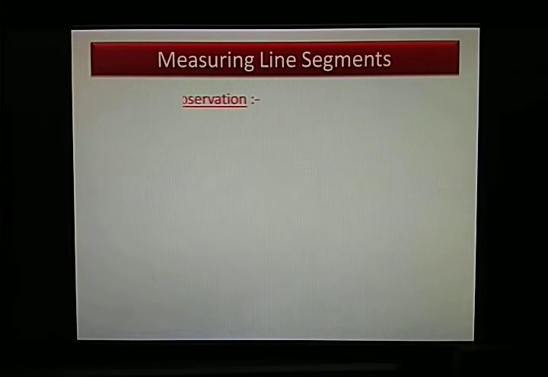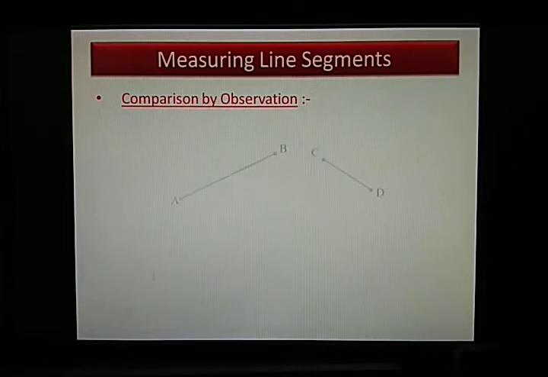So let us see. The first one is comparison by observation. Here there is nothing to do, you just have to open your eyes and observe carefully. First example: say we have two line segments, AB and CD. What can you see in the picture?